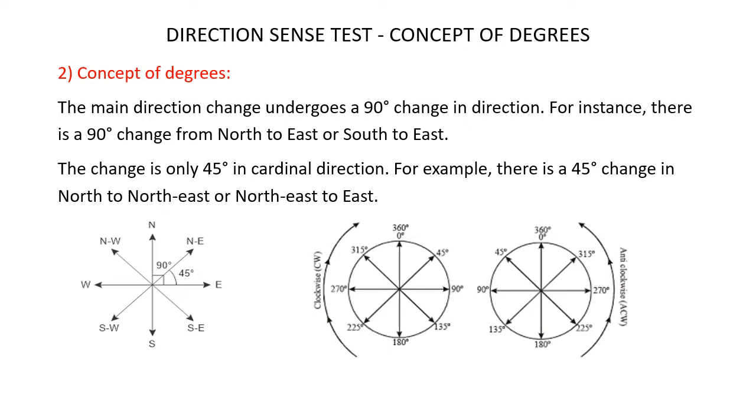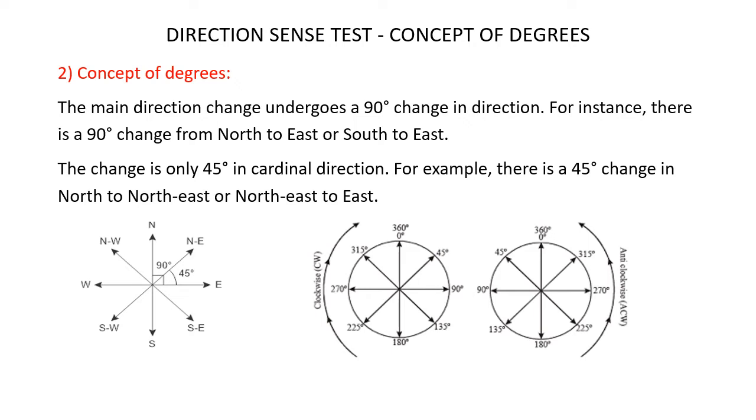The next important concept is the concept of degrees. The main direction change undergoes a 90-degree change in direction. For instance, there is a 90-degree change from north to east or south to east. So you know that the main directions are north, south, west and east. These main directions undergo a 90-degree change in direction.